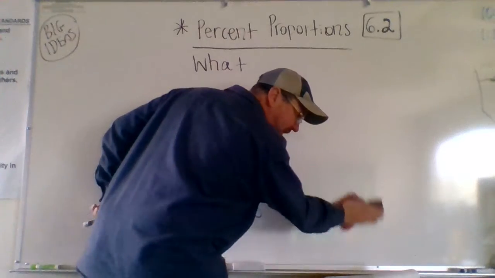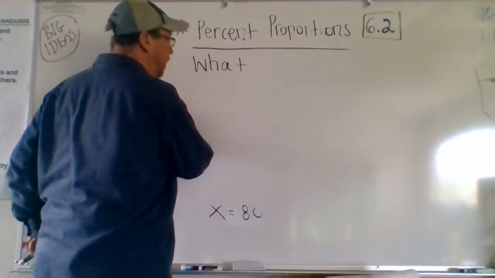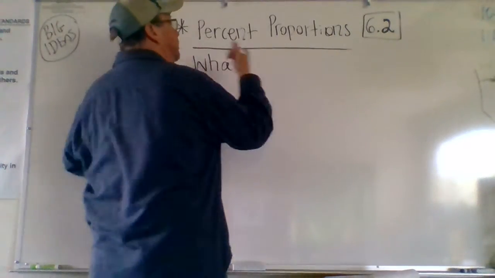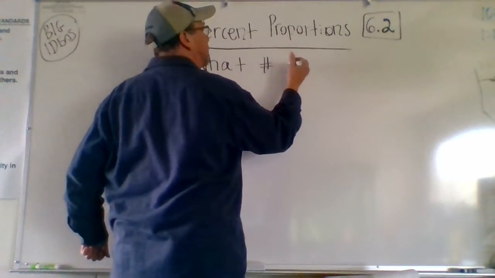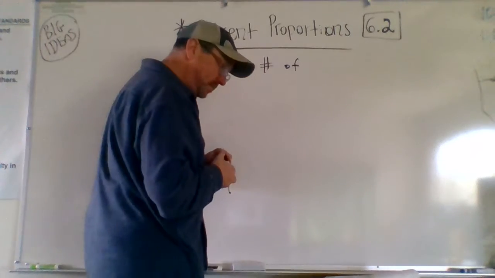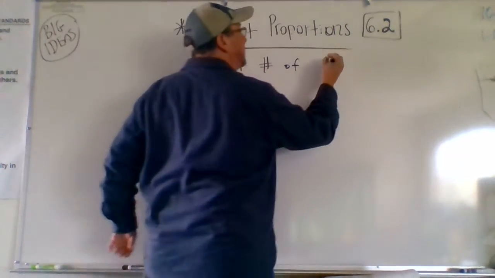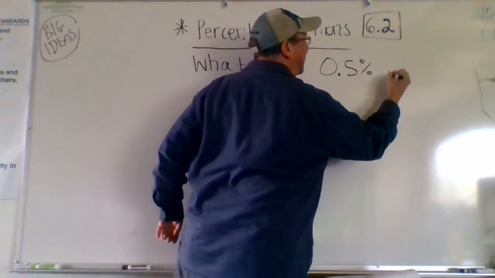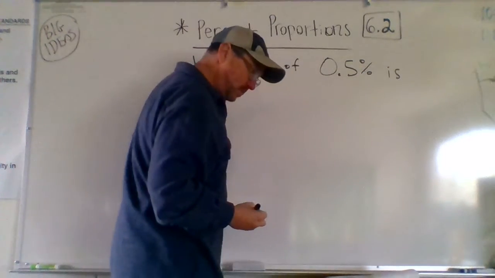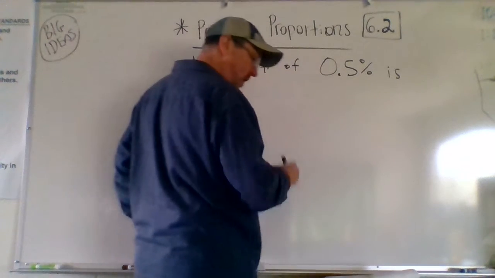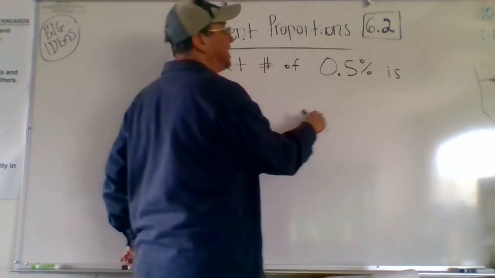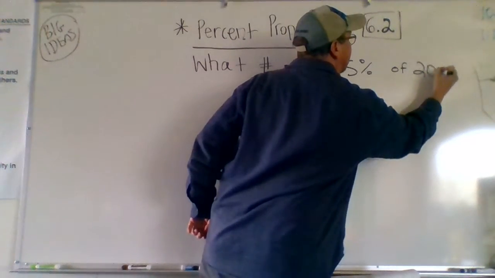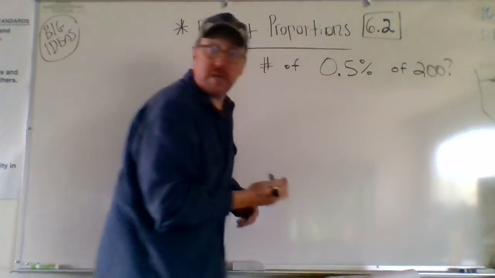For this one, it's going to be what number is 0.5% of 200? Is that all on the screen?